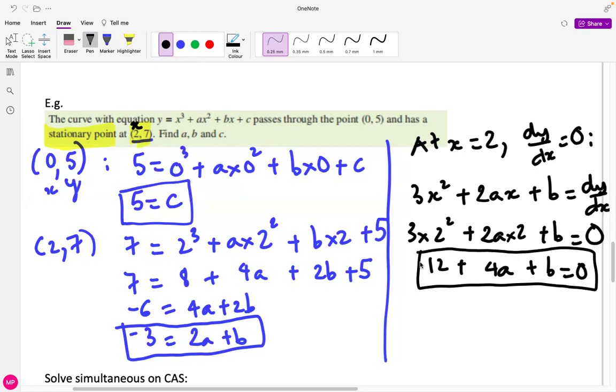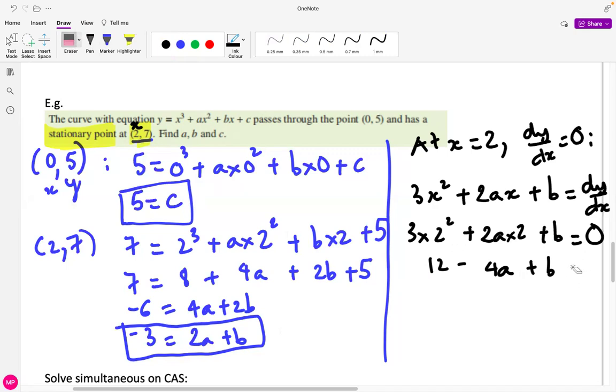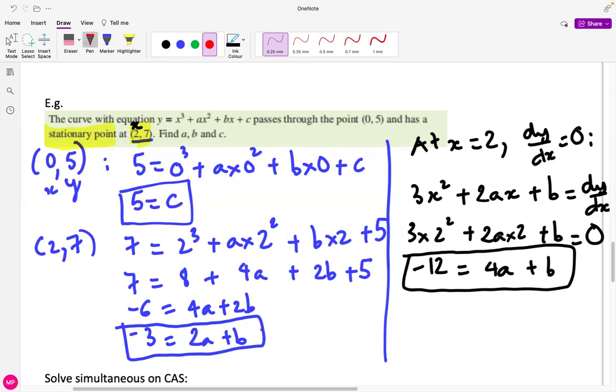Then what you do is basically solve simultaneously to get a and b, and you already know c. So maybe I just put the 12 to this side. It looks easier because in here I put the -3. So I'm going to put the 12 to the other side. This becomes -12 equals 4a plus b. Okay, so to cancel the b, you can just subtract them. If I just write this equation here, I have -3 equals 2a plus b.